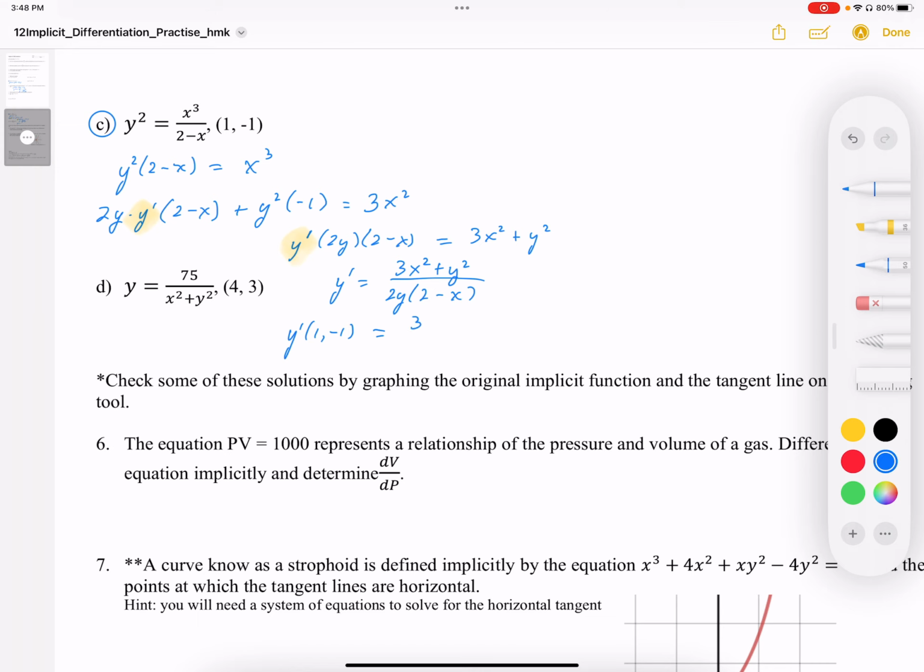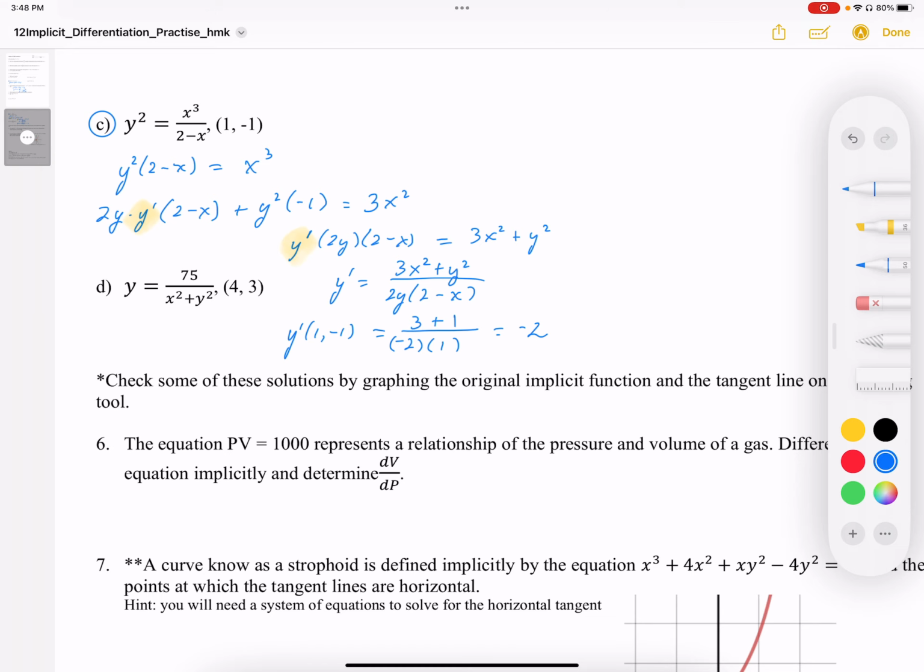So I get 3 plus negative 1 squared is 1. 2 times y being negative 1, so I get negative 2 for the 2y. And then 2 minus 1 is going to be 1. Okay, and then so I'm going to end up with 4 divided by negative 2, which is negative 2 slope.